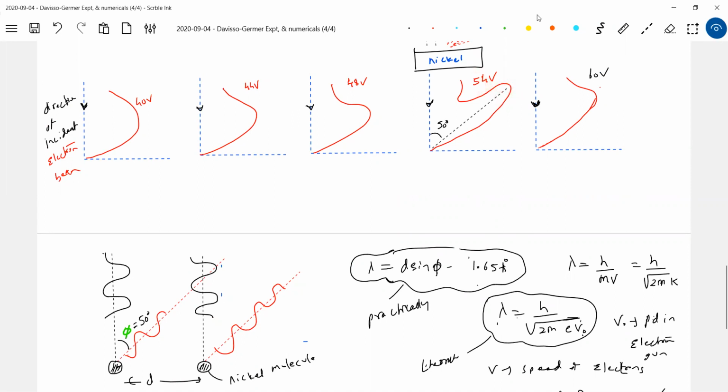So V naught equal to 54. I think this is not a graph. At least please do understand, I should not call this a graph. These are not graphs, don't get confused here.